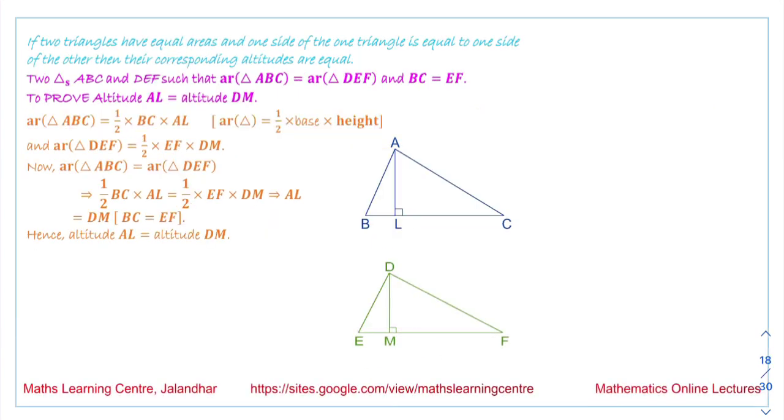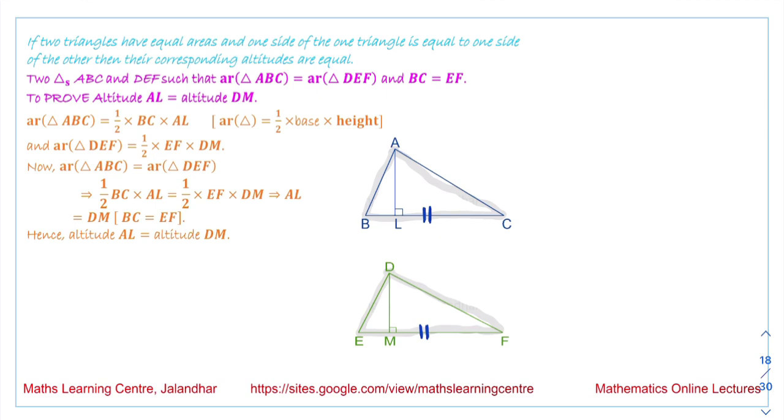Now we have, if two triangles have equal areas and one side of one triangle is equal to one side of the other triangle, we are talking about two triangles, one is ABC and the second is DEF. We are saying that one of their sides is equal. Suppose we are talking about this side BC, this is equal to EF.